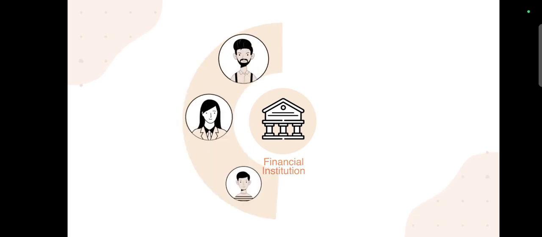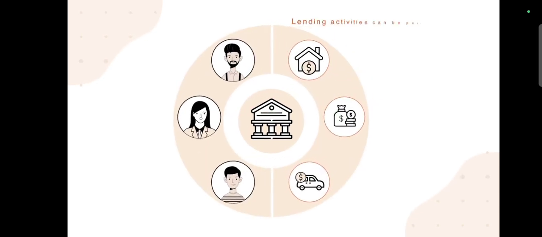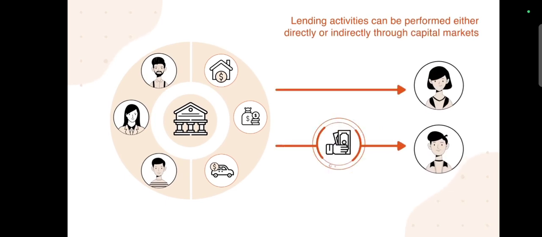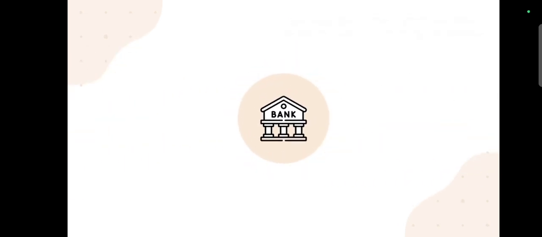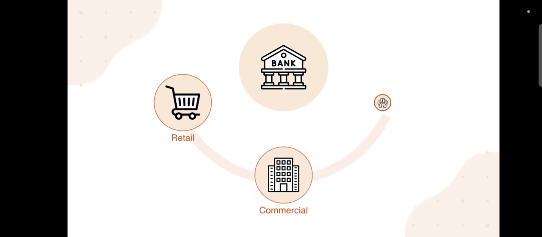A bank is a financial institution licensed to receive deposits and make loans. Lending activities can be performed either directly or indirectly through capital markets. There are several types of banks, including retail, commercial, and investment banks.